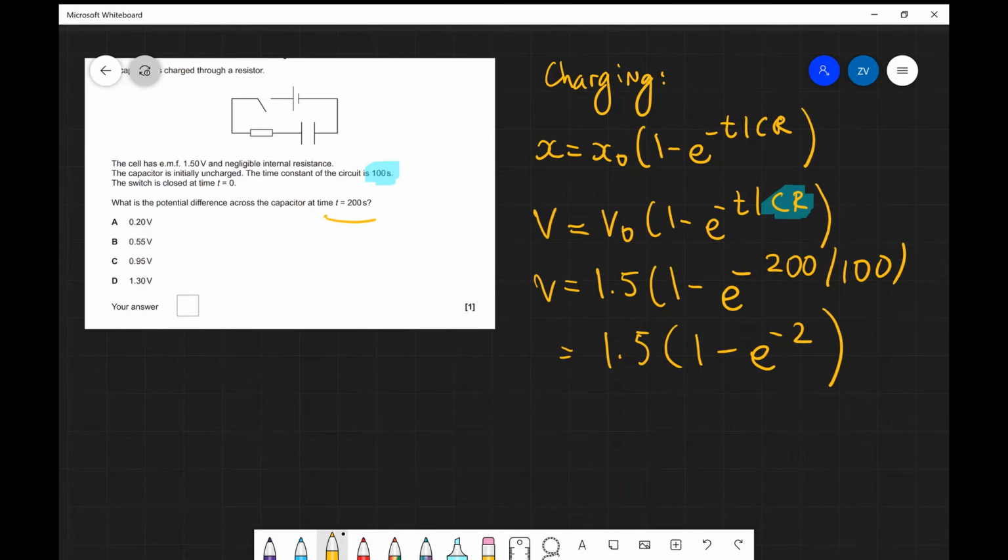Okay, so if we plug those numbers into a scientific calculator, we're going to get approximately 1.296, which up to two significant figures is equal to 1.3 volts. So the correct answer is D.